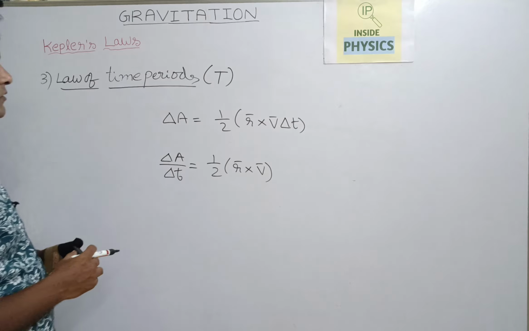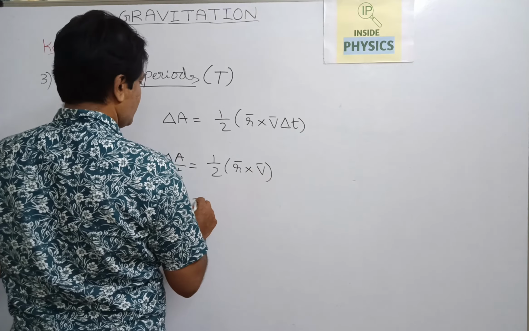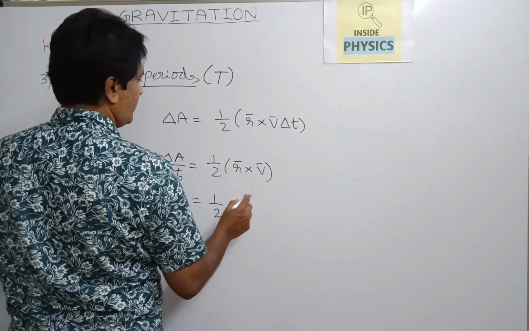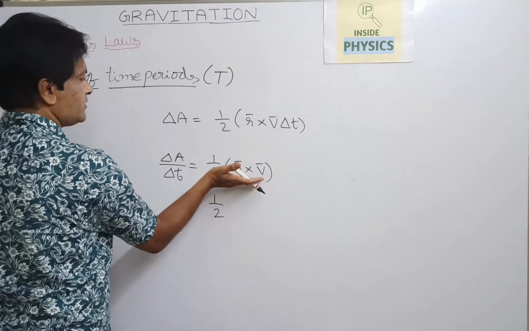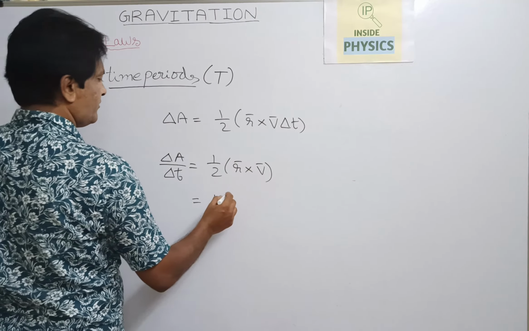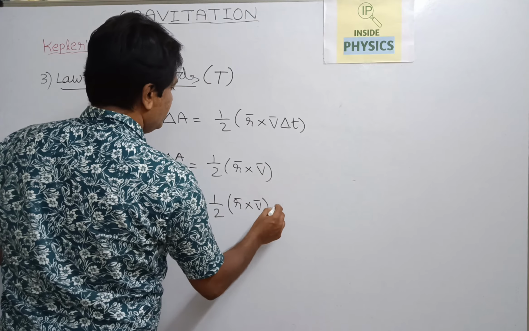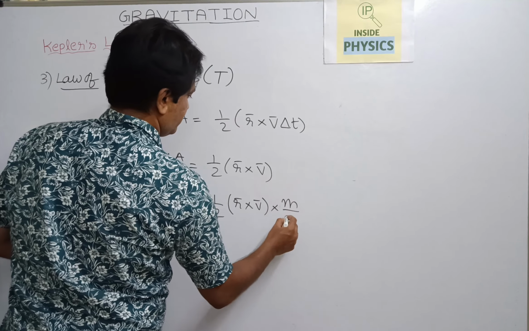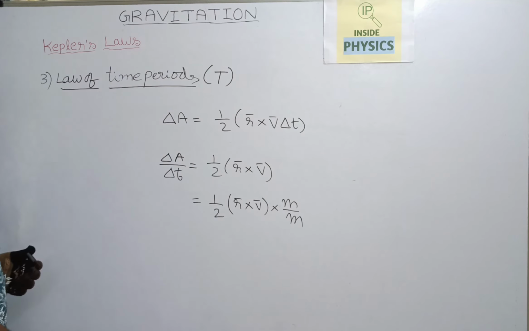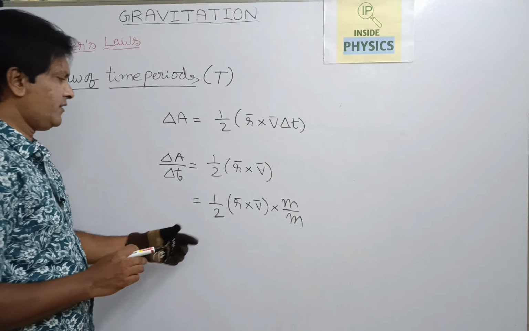I will multiply the right hand side terms, numerator and denominator, by mass.